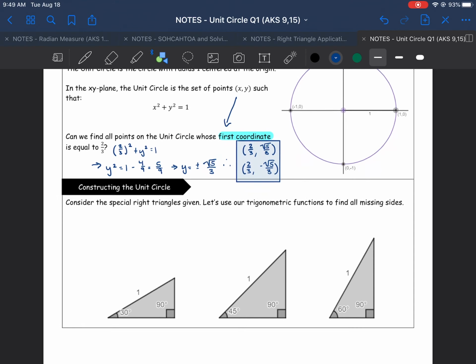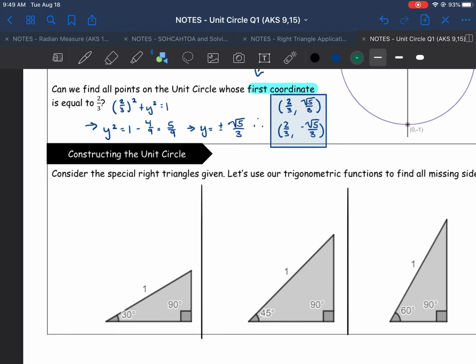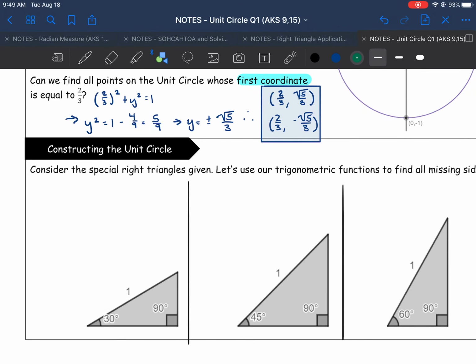All right. So let's consider some special right triangles here as we continue to explore this unit circle. In our first example, we have a 30, 60, 90 right triangle. Let's call this leg x and this leg y.